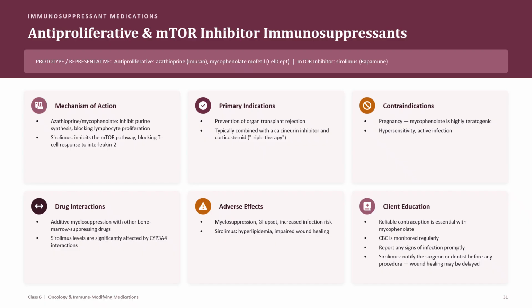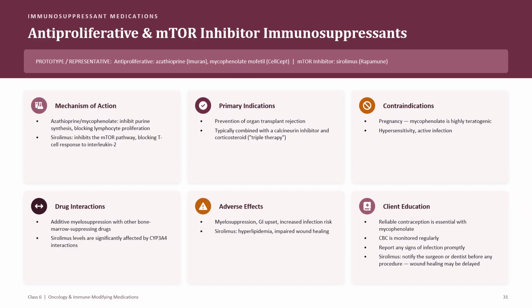So here's the actual logic of triple therapy. The calcineurin inhibitor, a corticosteroid, and then one of these anti-proliferative or mTOR medications, those three together each hit the immune response at a different point in the pathway.